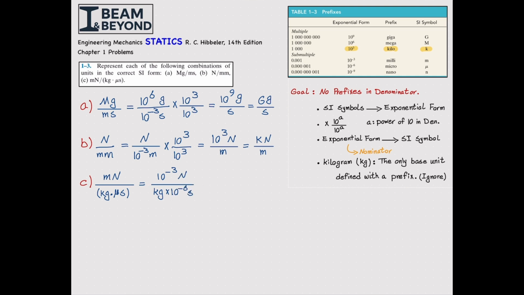So we want to get rid of that 10 to the power of negative 6. So times 10 to the power of 6. This will give us 10 to the power of 3 Newton over kilogram second, which equals, 10 to the power of 3 is kilo, kilonewton per kilogram second.